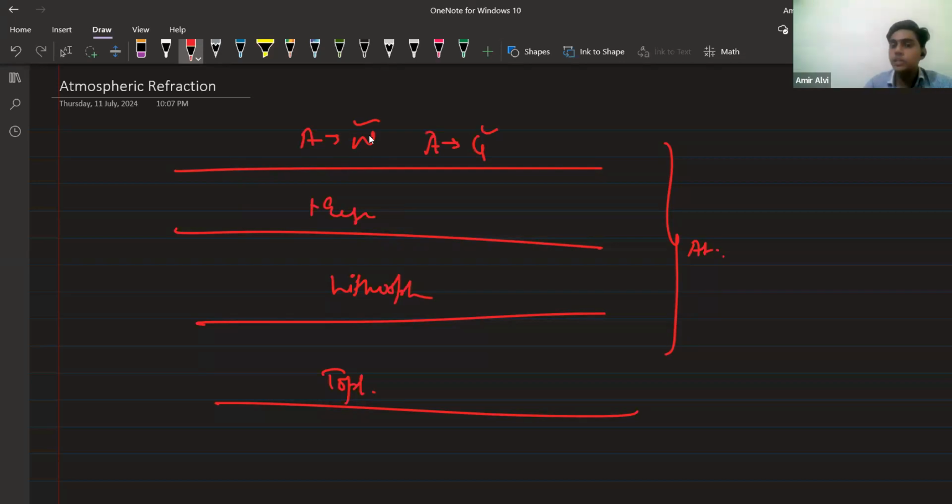Refraction that occurs in the Earth's atmosphere due to the different densities of its layers is called atmospheric refraction. From the start to end, the densities will increase. The starting layer will have the least density, and the lowest layer will have the highest density.